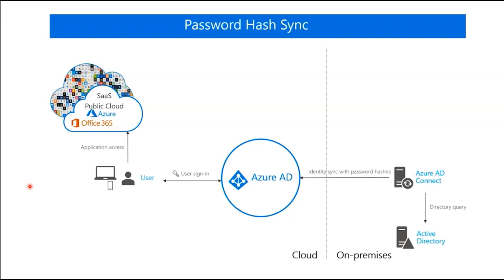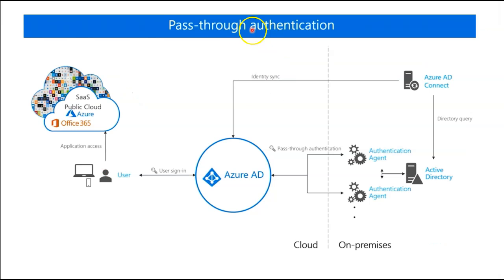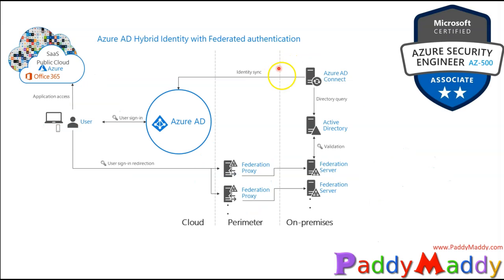But if you choose the pass-through authentication method or a federation method, you can still use password hash sync as the backup authentication method. For example, if your on-premises services go down, you can manually fail over to password hash sync and still allow users to log in to your cloud applications.